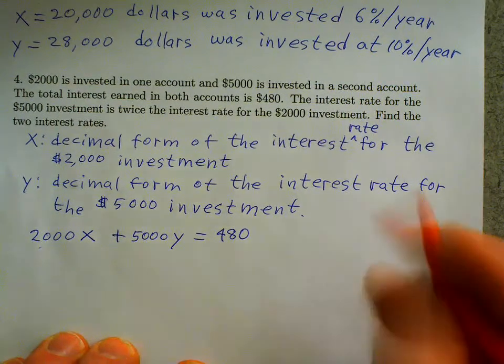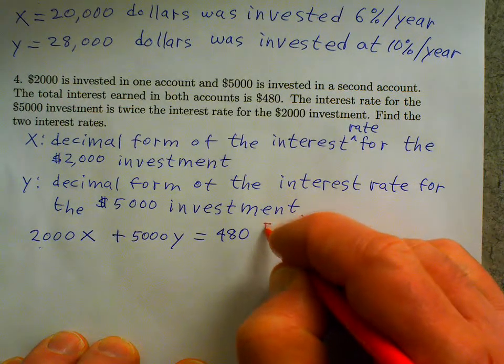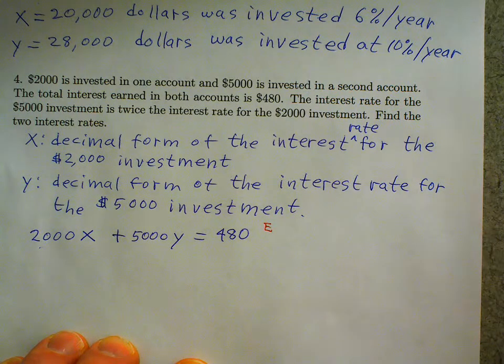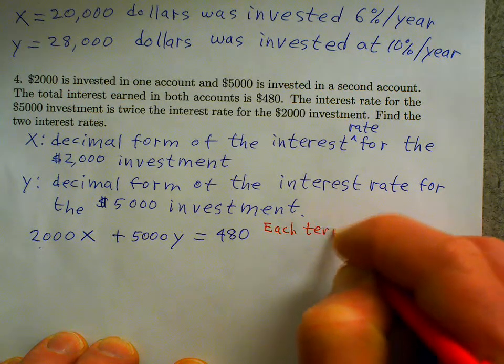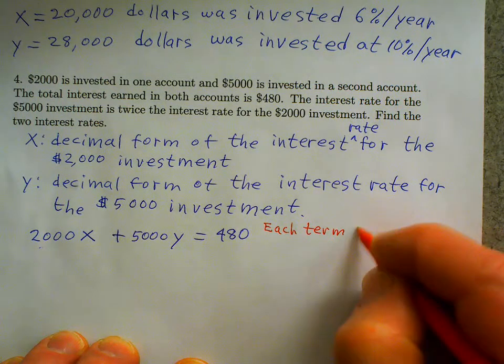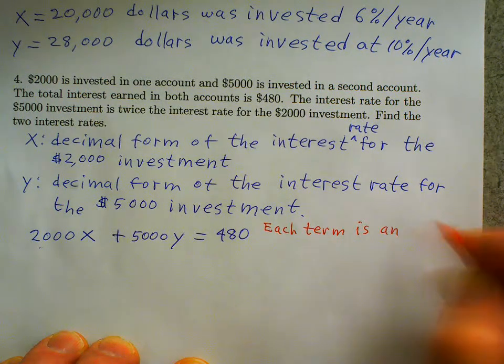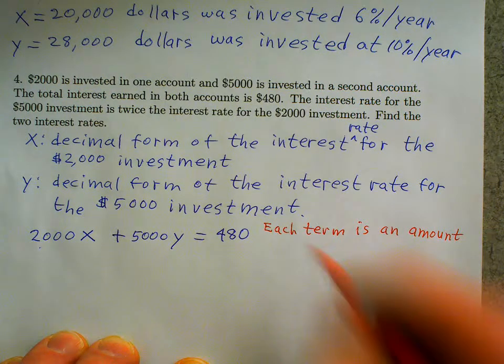So each term in this equation represents an amount of interest.